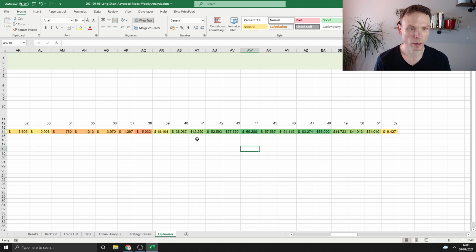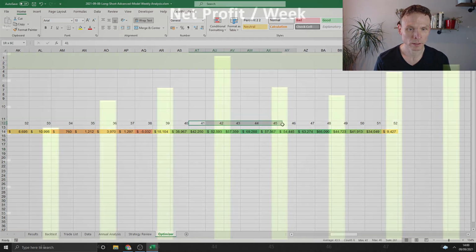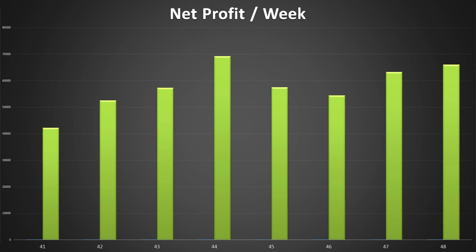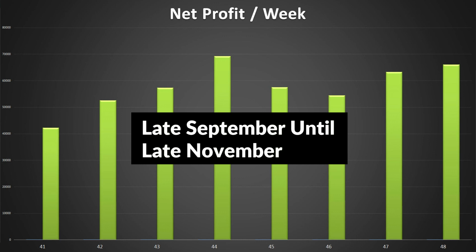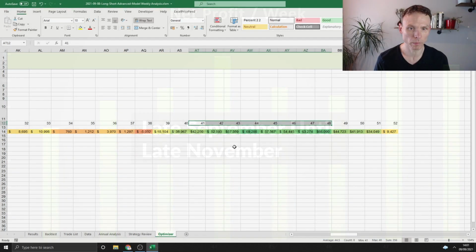But the period of time that I'm looking at in particular is weeks 41 to 48, roughly late September all the way through October and well into November. On a 30-day basis, these are the best and strongest trading weeks.